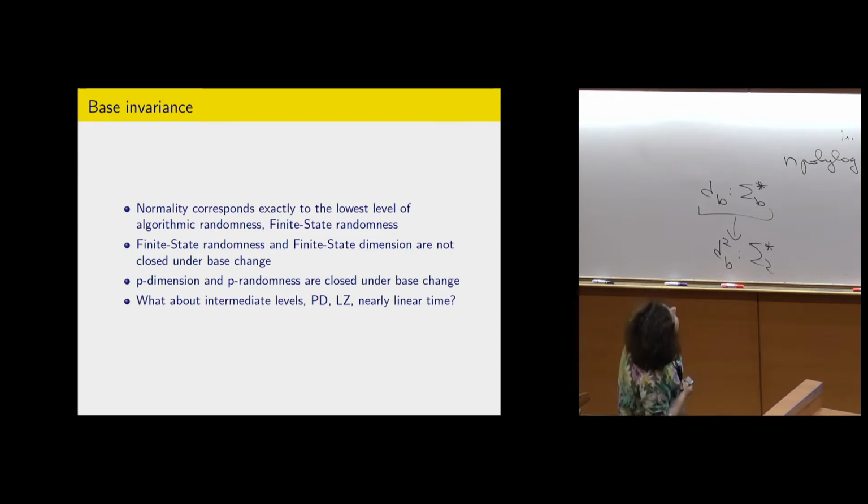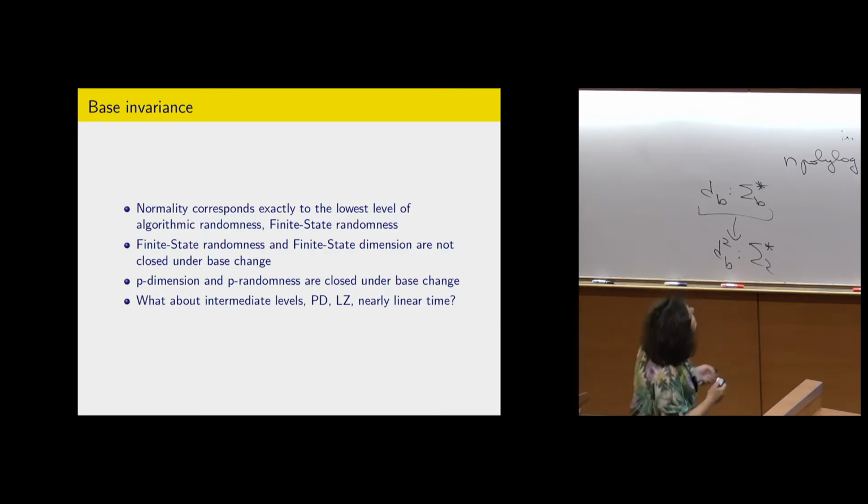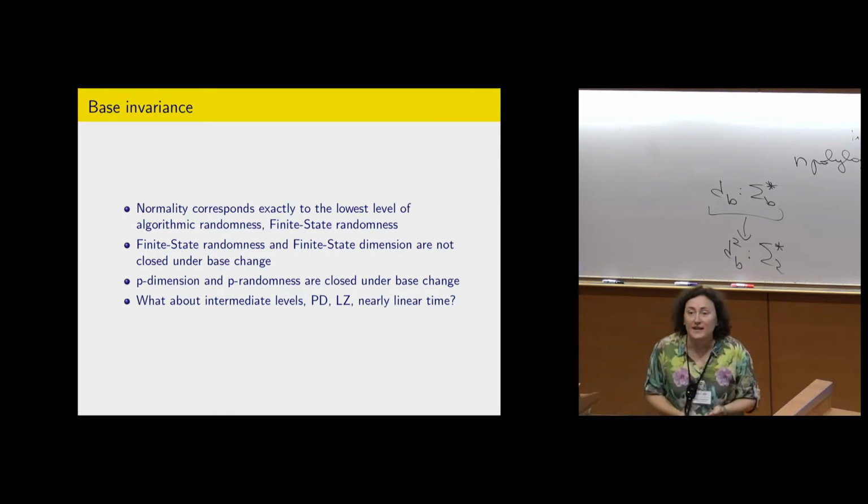Just as an overview, we have seen that normality corresponds to the lower level of algorithmic randomness. There is a detail you may have known already: finite state randomness and finite state dimension are not closed under base changes.